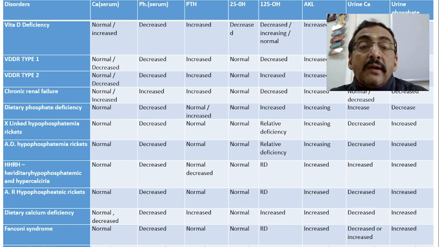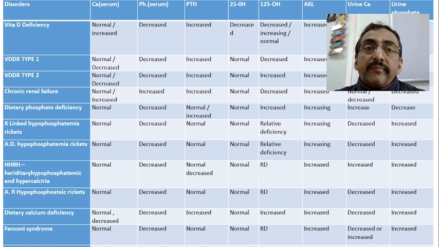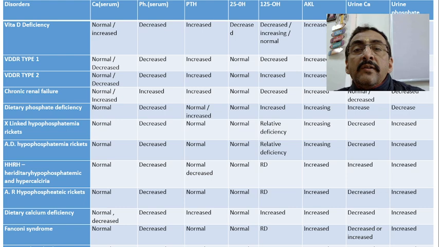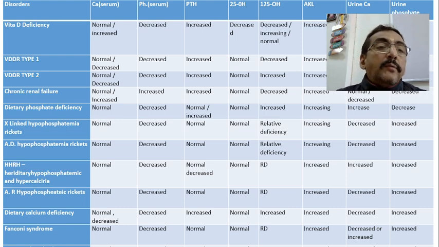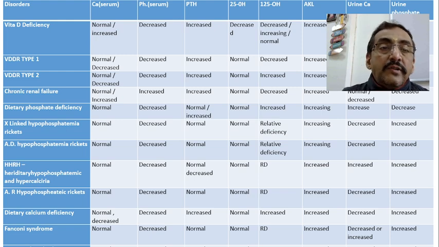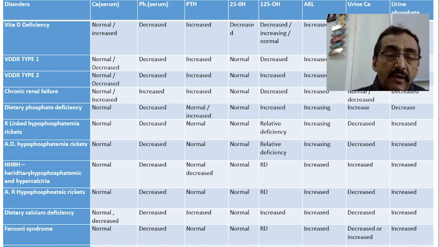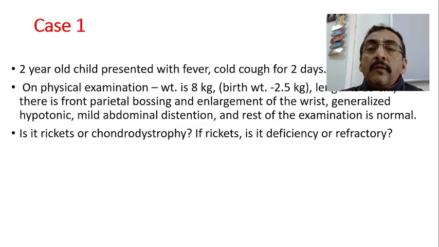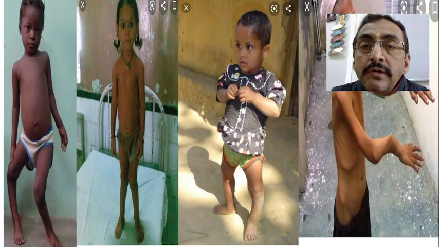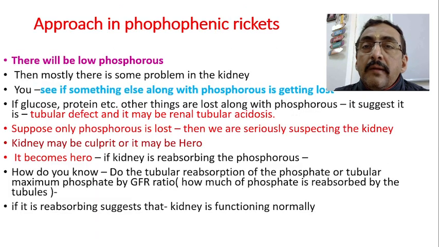In all the other conditions it is normal, as it is the storage form. Similarly, talking about urinary calcium level, in some conditions it is increased, in some it is decreased. So you just go through this chart also to have a clear-cut idea about rickets and investigatory findings. So with this we conclude rickets.